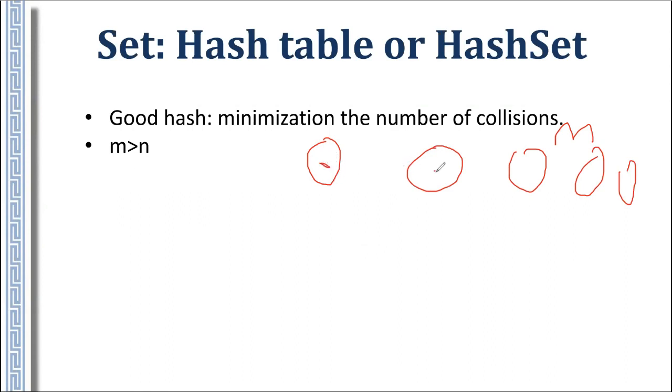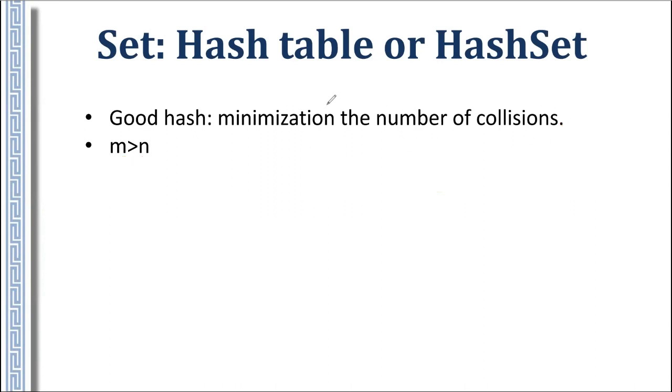And if the number of these pigeonholes is less than the number of pigeons, then anyway we have at least two birds in one place. It means that we have a collision. So that's why we need at least this condition, m greater than n.